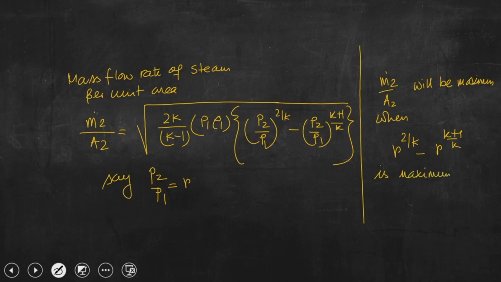Try to understand. Basically if P2 by P1 equals r, then this quantity will be maximum when this will be maximum. So, to find out the maximum value, that means when d by dr of r power 2 by k minus r power k plus 1 upon k is equal to 0. Right, so again this is very trivial.